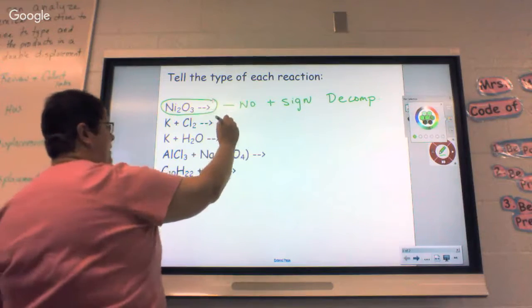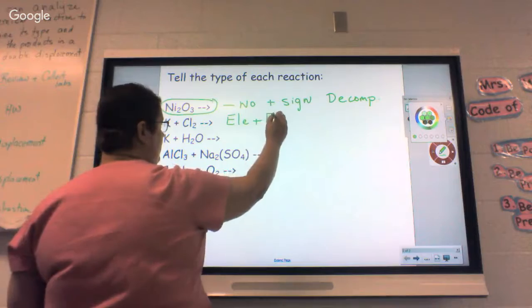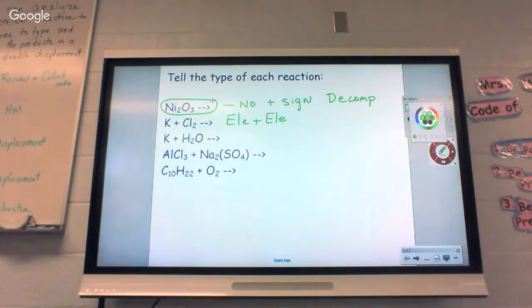So, if it's an element plus an element, okay, that tells us it's not what two types. Okay, it's not double because it's not a what plus a what. It's not a compound plus a compound, it's double that. It's also not single because it's not a what? It's not an element plus a compound. The single and double are out.